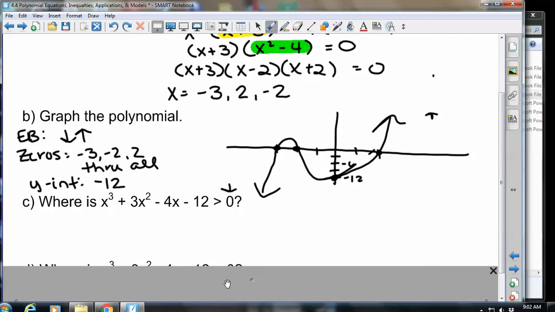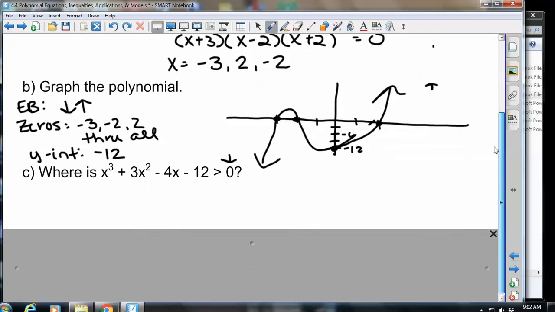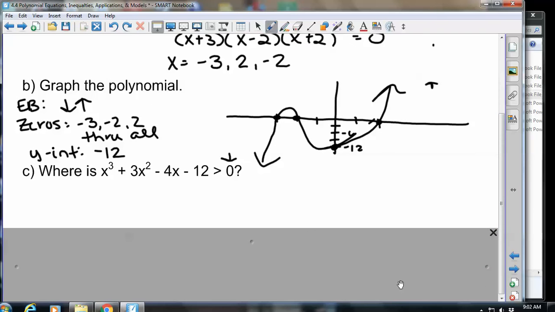I'm going to ask you a couple other questions. Can you look at this graph and tell me where the polynomial is greater than 0? In between -3 and -2, and then from 2 to positive infinity. We know it equals 0 at -3, -2, and 2.